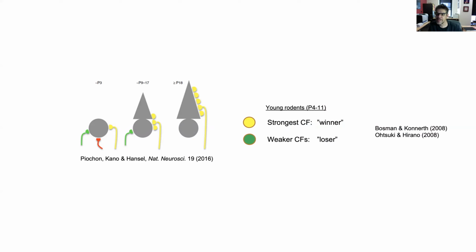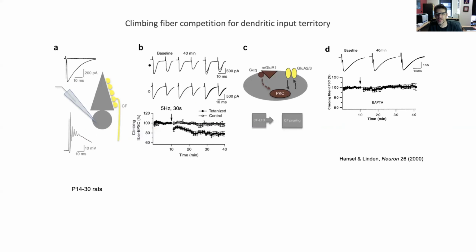It's very reminiscent of adult plasticity, long-term potentiation and depression. Indeed, when I was a postdoc in David Linden's lab at Johns Hopkins, we showed together that there is actually an adult long-term depression at the climbing fiber input. We studied that in rats P14 to 30, so it was young adult and even reaching into this developmental stage before climbing fiber elimination is complete. And here you see this long-term depression.